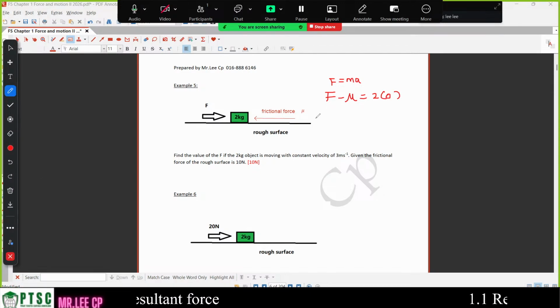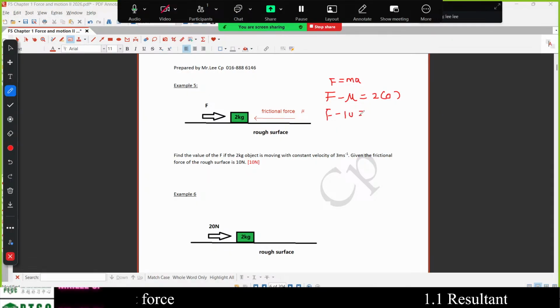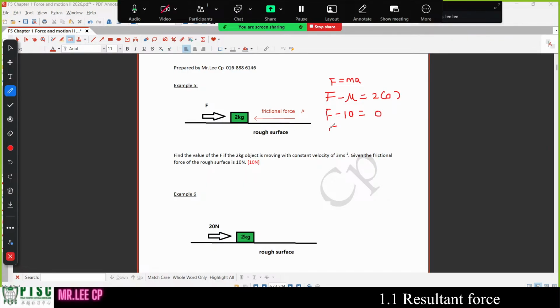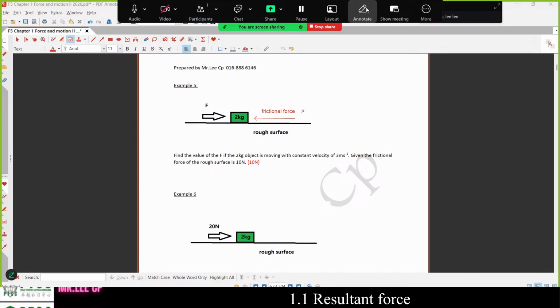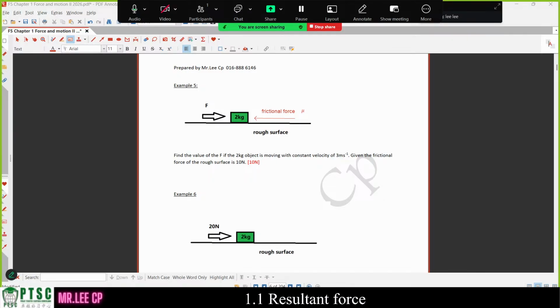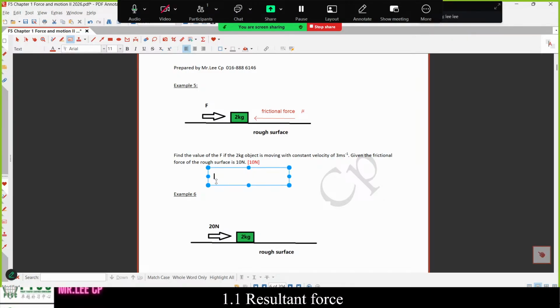We know the frictional force is 10, so F minus 10 is equal to 0. You bring the 10 to here, so F is going to be 10. I am going to show you a video on how it works. No worry, so now you can just write F is equal to 10 Newton, that's all.